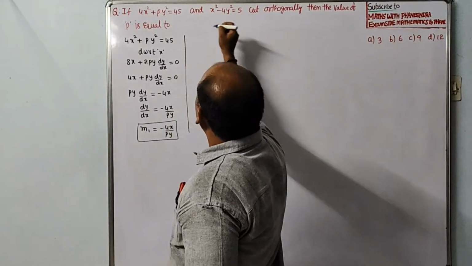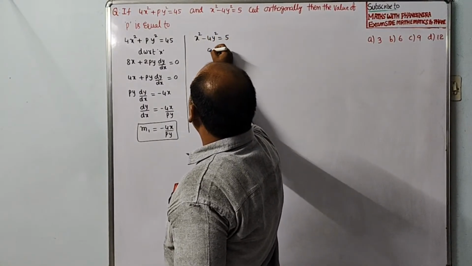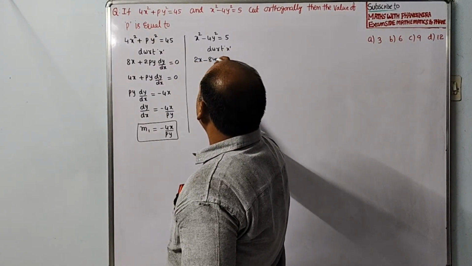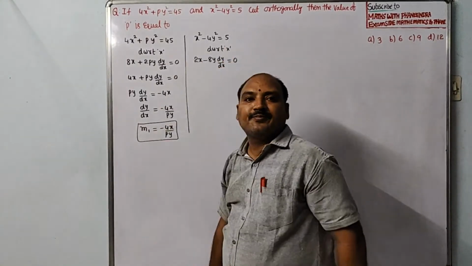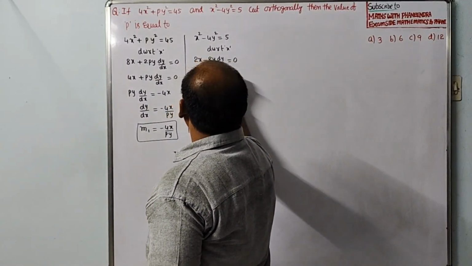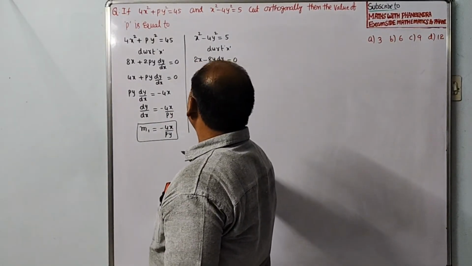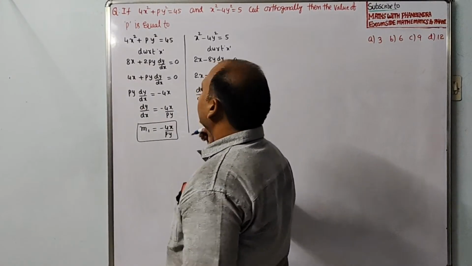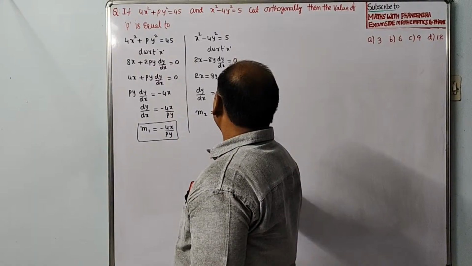Similarly, come to the second curve, x square minus 4y square is equal to 5. Differentiate with respect to x. So 2x minus 8y into dy by dx is equal to 0. So 2x is equal to 8y into dy by dx. Making dy by dx the subject, dividing by 2 on both sides, dy by dx is equal to x by 4y. This is the second curve slope. I am taking it as m2, it is x by 4y.